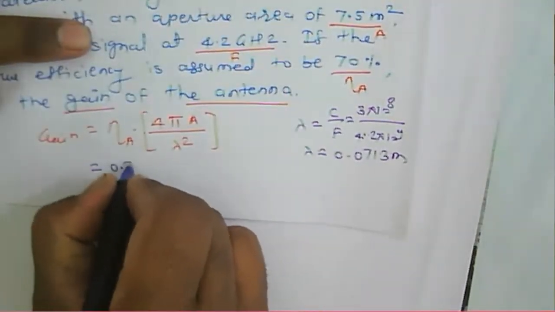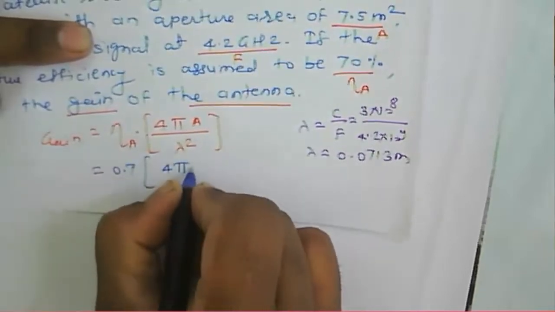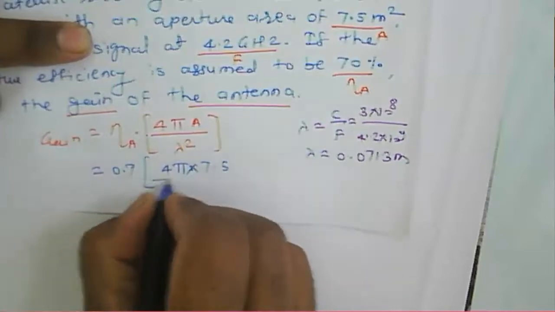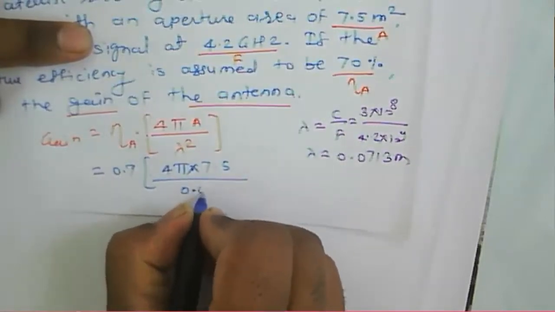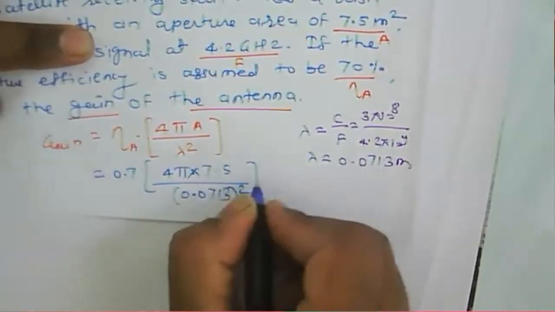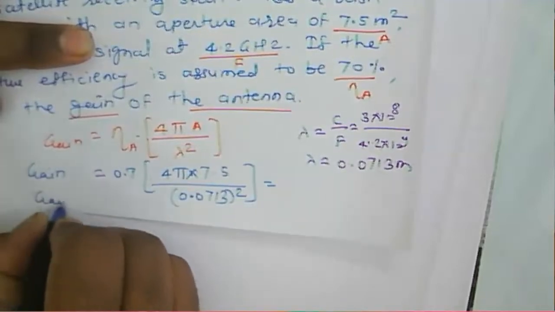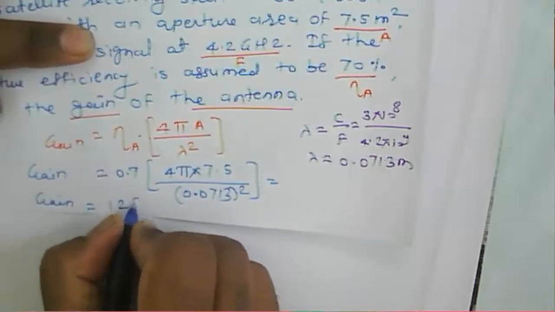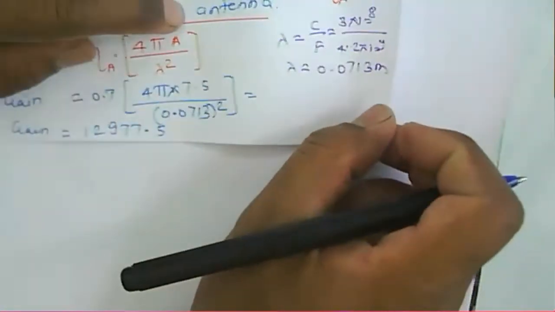Aperture efficiency is 0.7 into 4 pi, where A is about 7.5, divided by lambda square, that is 0.0713 meter square. If you solve it, you'll get the gain equal to 12977.5. That will be the value of the gain.